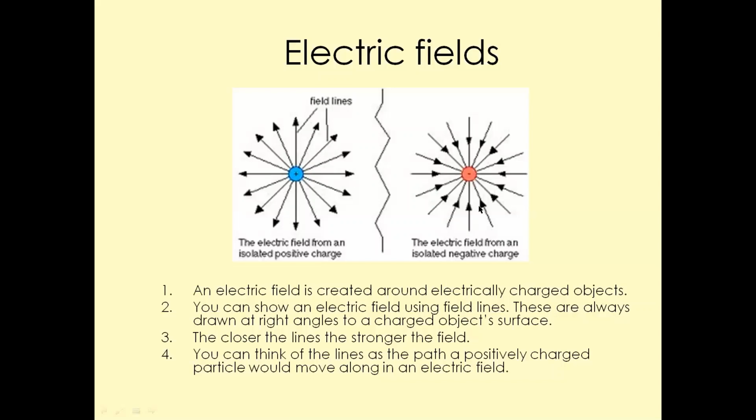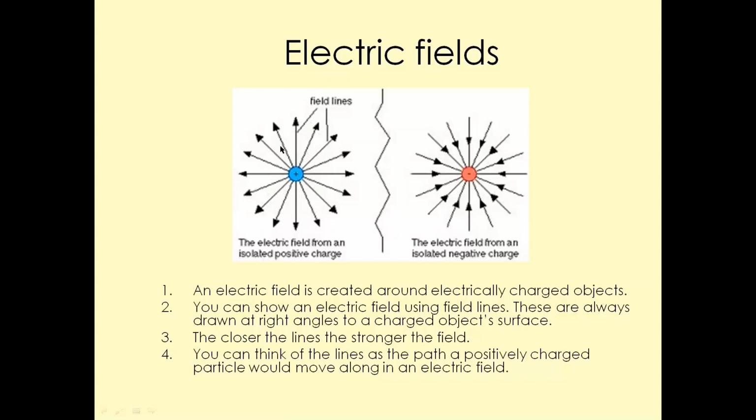Now, if you place a positive charge here, what's going to happen? That will get attracted towards the negative charge. So the direction of the electric field lines is towards the negative charge.